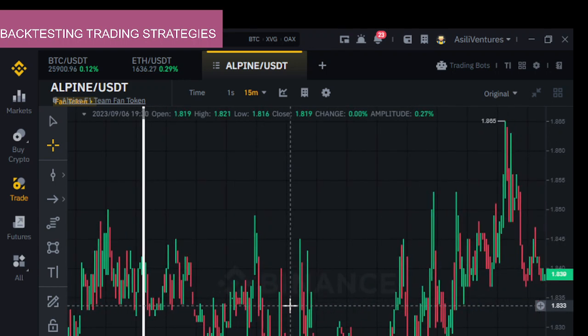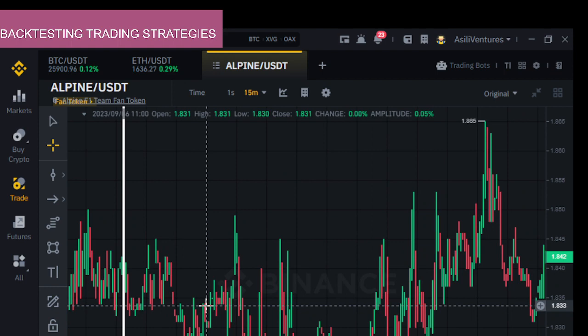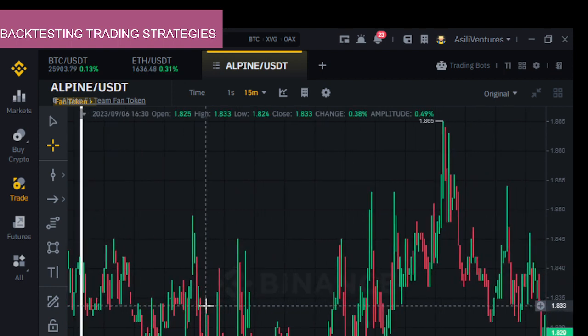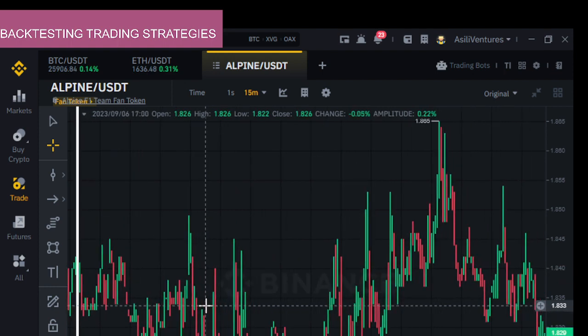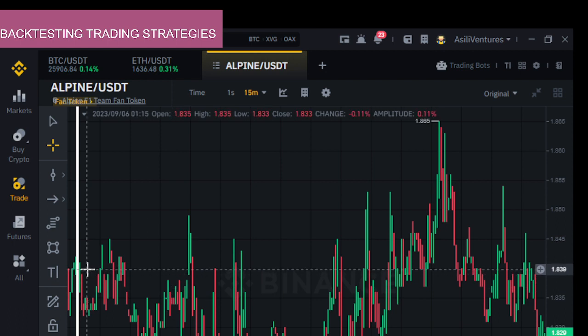If you're looking at this particular window, the starting period is this white continuous line, which I've mentioned is on the 6th of September.